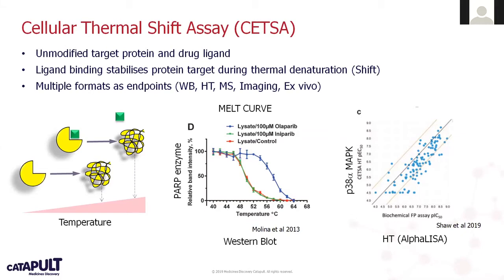And you don't see a CETSA shift for that binder. So there's a category, a subset of compounds, which are CETSA false negative compounds and can't be detected by this approach.